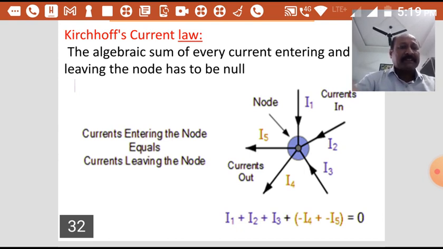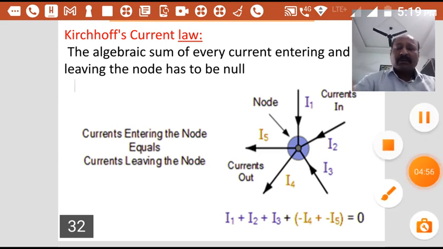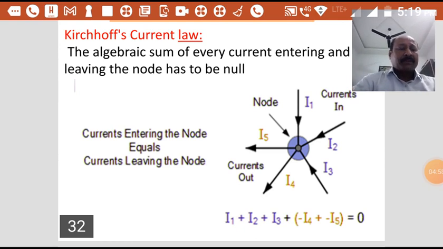Or we can write incoming current equals outgoing current, that is I1 plus I2 plus I3 equals I4 plus I5. So we can use both statements: the algebraic sum of every current entering and leaving the node is nil, or the algebraic sum of incoming current equals outgoing current.